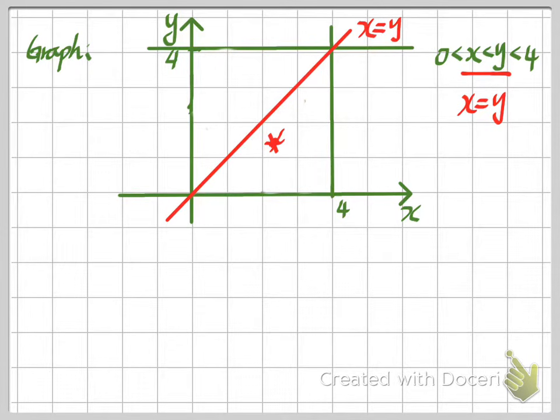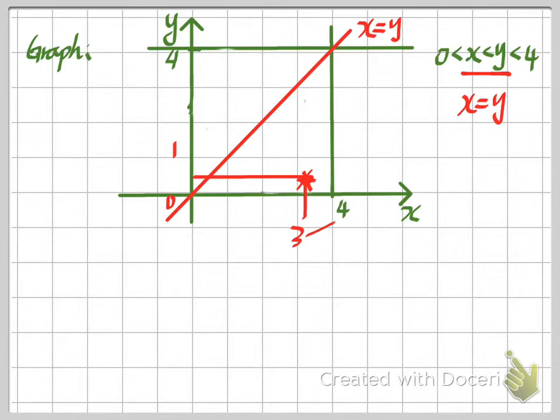Let me select a point which is away from our red line, but also below the red line. For this point, the x-axis value will be a number between 3 and 4. However, on the y-axis, the value should be a number between 0 and 1. This means our x, a number larger than 3, is greater than y, which is between 0 and 1.